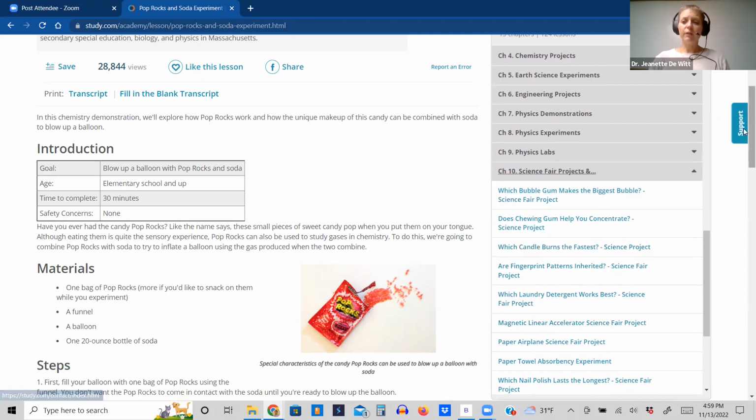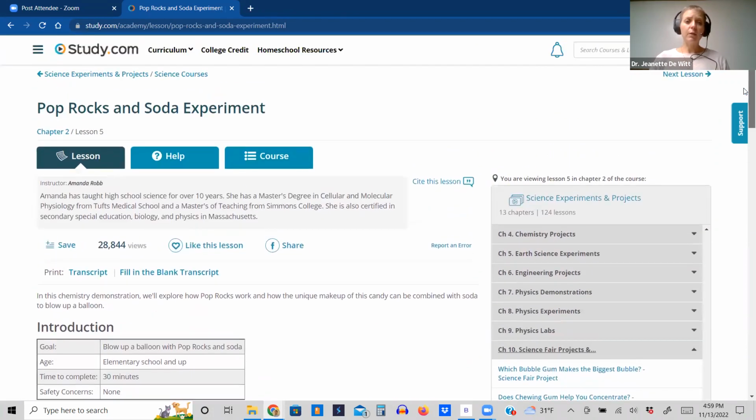So I hope that you find this helpful, because I know one of the areas of concern for me as a homeschooling parent is I want my kids to still benefit from experimenting and learning hands-on. And study.com takes the guesswork out of that. You can absolutely find different experiments that work within your time frame and work within the subject matter that you might be studying at the time.